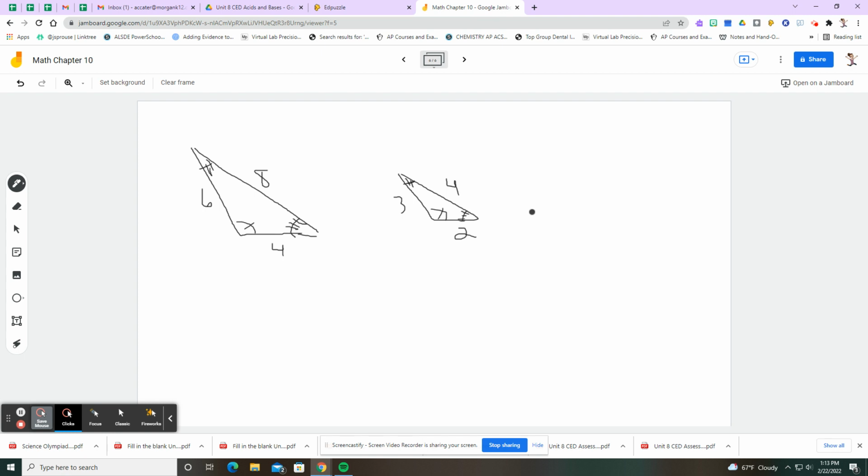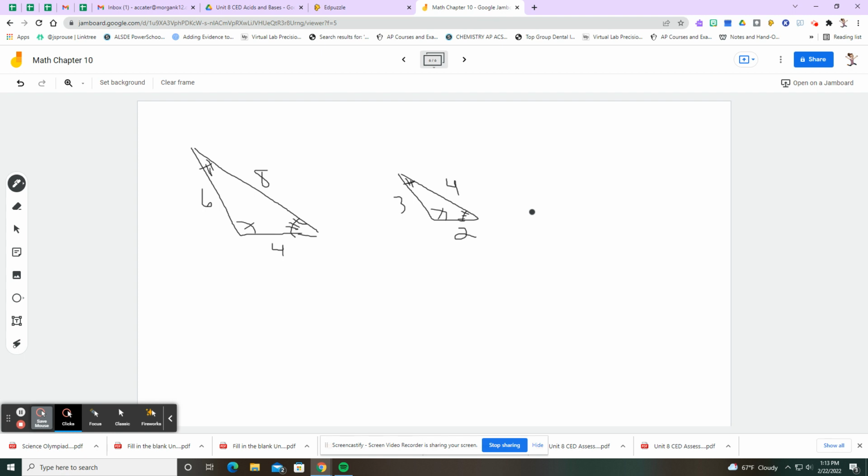Okay, that's what all those little dots and lines mean. So figures that have the same shape but not necessarily the same size are similar triangles. So we can look at that and we say, okay, they look like they have the same shape. They're definitely not the same size. So are they or are they not similar triangles or similar figures is what we're going to look at.